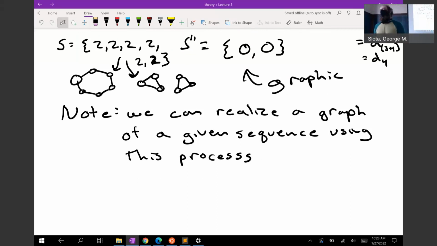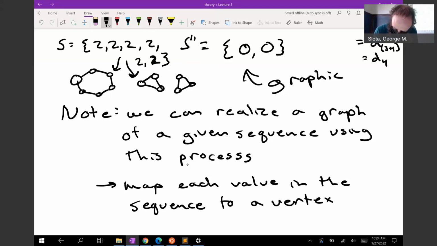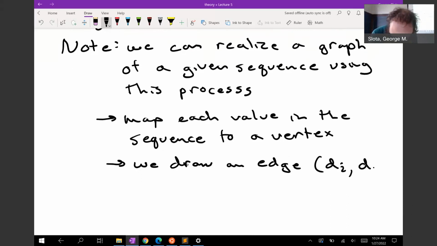Every time we remove a degree and decrement the next d sub I values in the sequence, we're effectively constructing edges from the vertex represented by that d sub 1 to each of the vertices represented by d sub 2, d sub 3, d sub 4, etc. So we can map each value in the sequence to a vertex, and we draw an edge, I'll just say it's d sub I, d sub j.